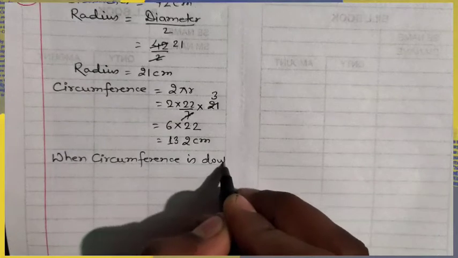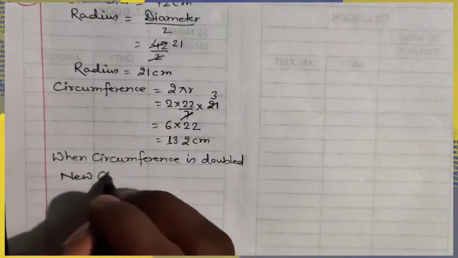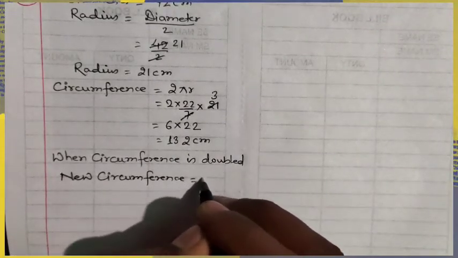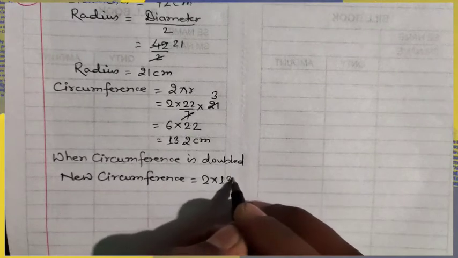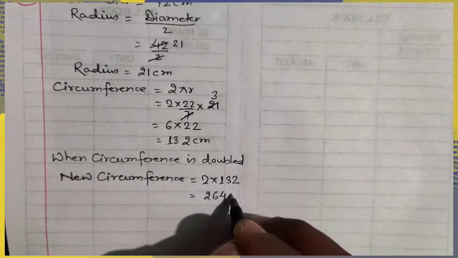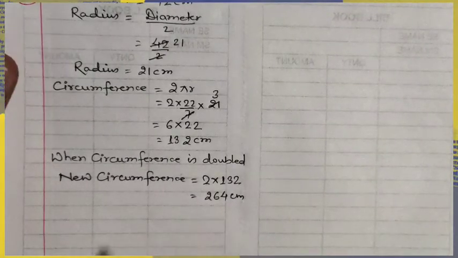Then what will be the new circumference? It is equal to 2 into 132. 2 2 ja 4, 2 3 ja 6, 2 1 ja 2. It is 264 centimeter. Now according to this circumference we have to calculate the radius.